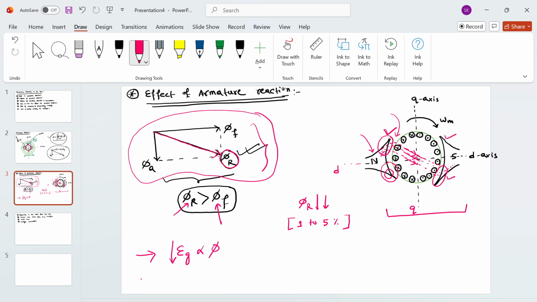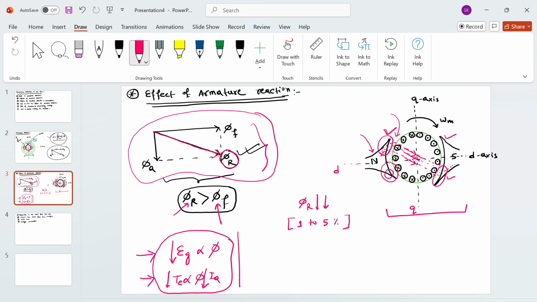In a motor, the torque is proportional to flux and armature current, so if the flux decreases, the electromagnetic torque generated will also decrease. These are things that are not desired, and we have to work on this issue.